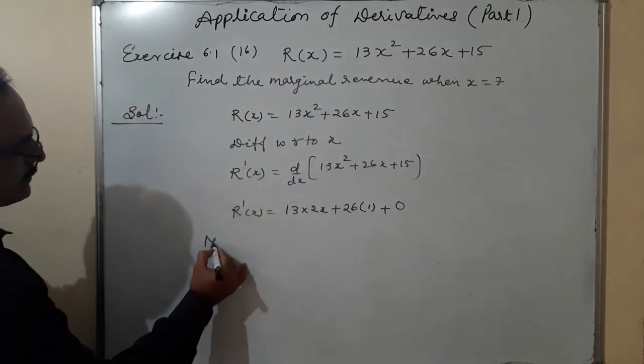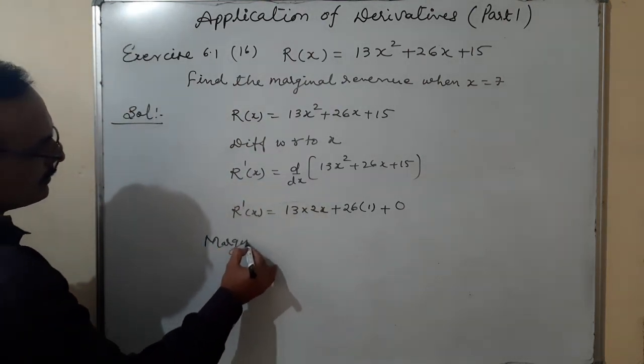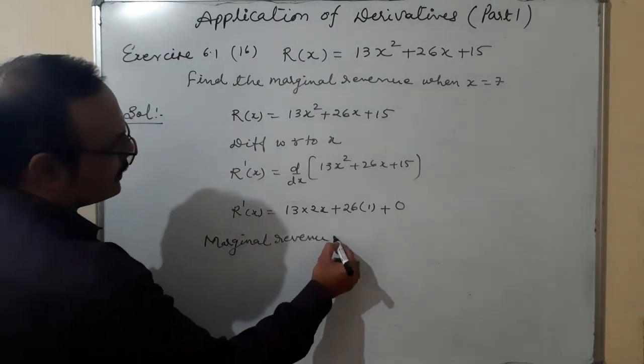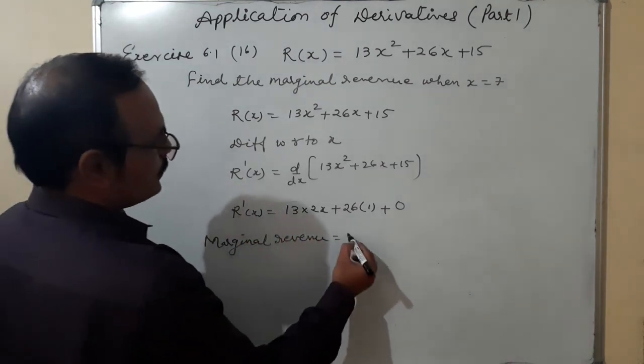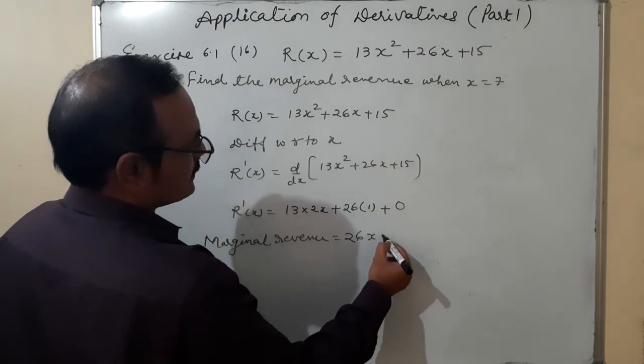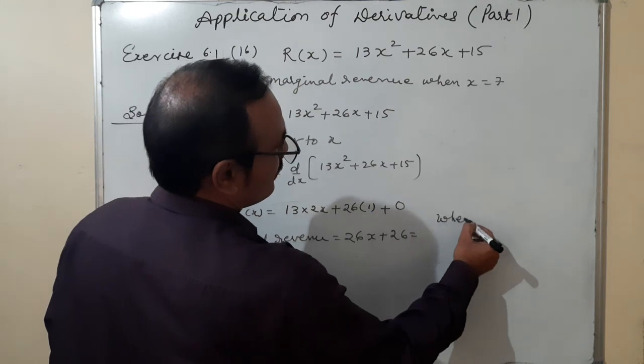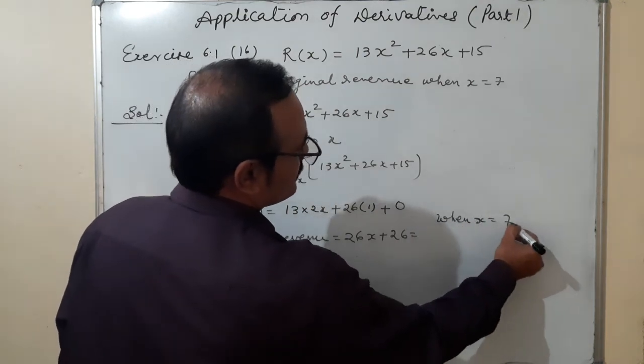Therefore, marginal revenue is equal to 26x plus 26, when x is equal to the given 7.